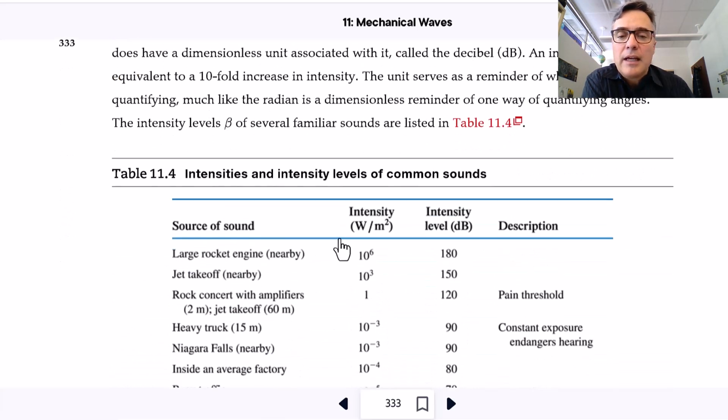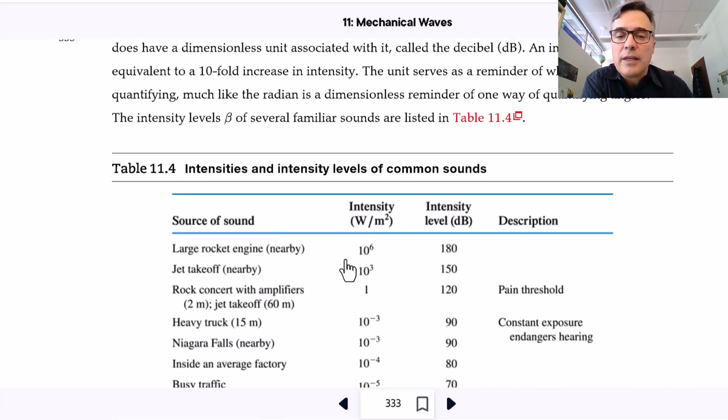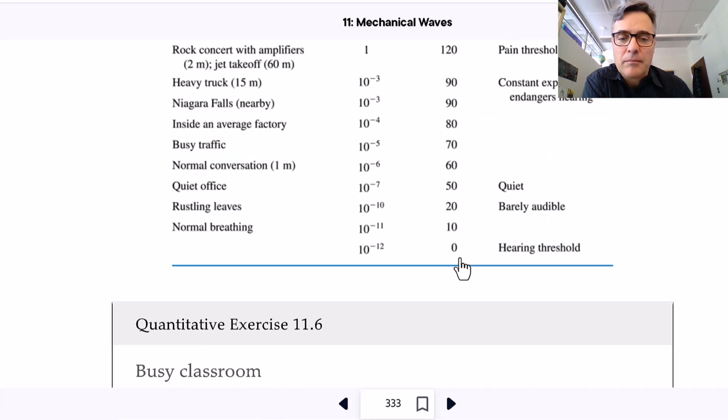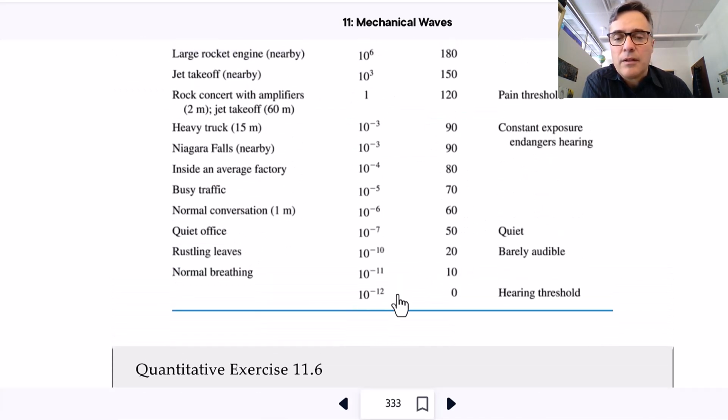For different intensities, you take the logarithm of that and multiply by 10. For example, if it's 10 to the 6 watts per meter squared relative to the reference, that's a level of 180 decibels. That's that beta. And the logarithm of 1 is 0, so 0 decibels would be the hearing threshold, the barely audible sound.